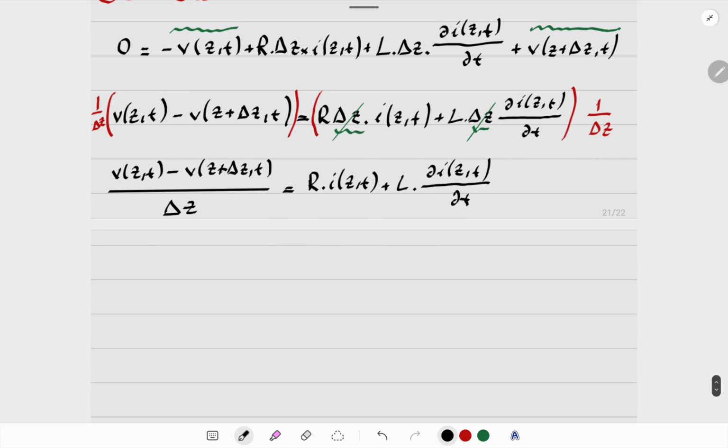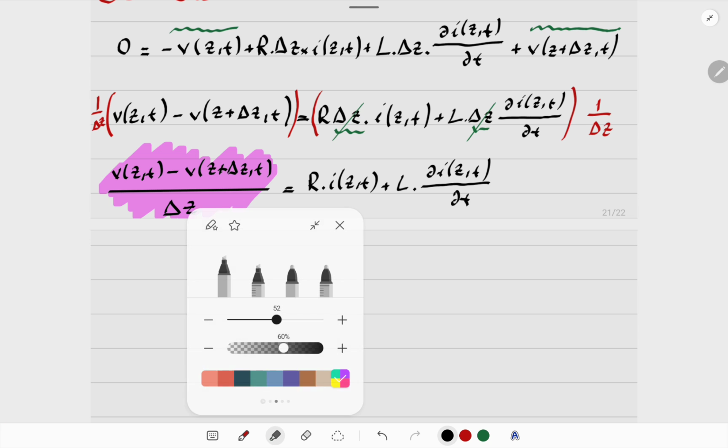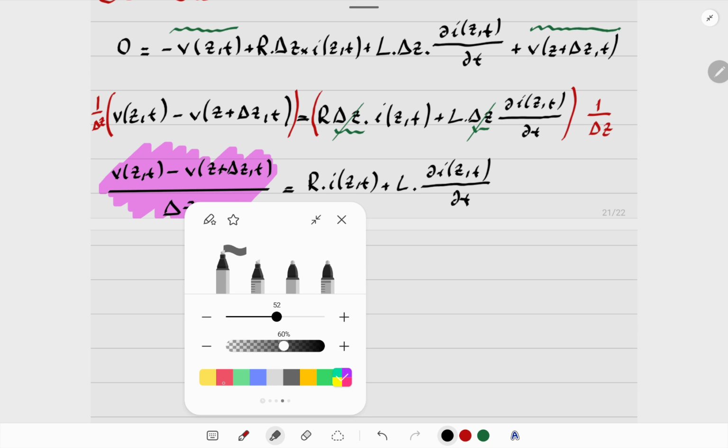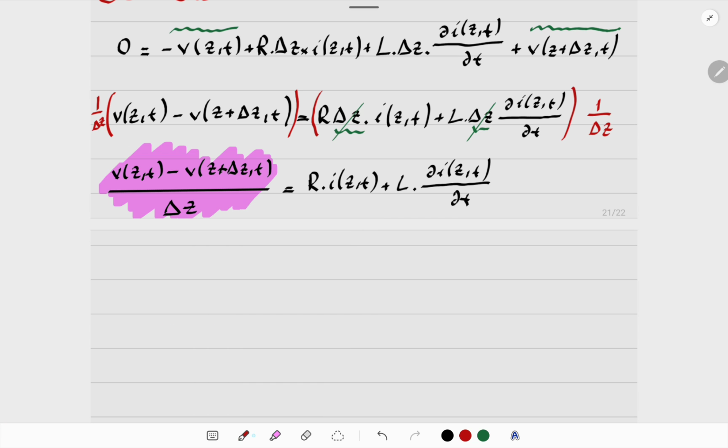Right, great. We've come this far, but we have one more thing to do. If we take a close look at this part, we have to see that if we change the order of the minus sign here, let's see what we are going to see.